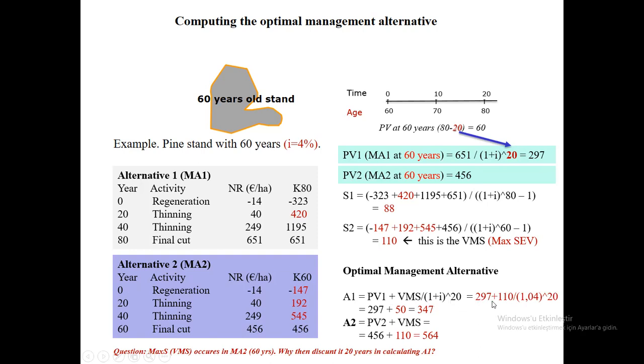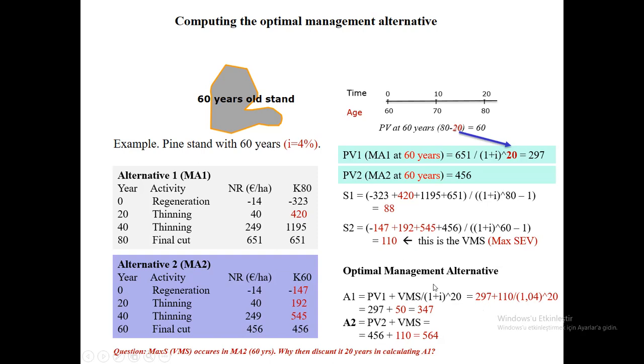So 297, the present value for option 1, plus the discounted value of the maximum soil expectation value, which was 110, discounted over 20 years. This becomes 297 plus 50, 347.